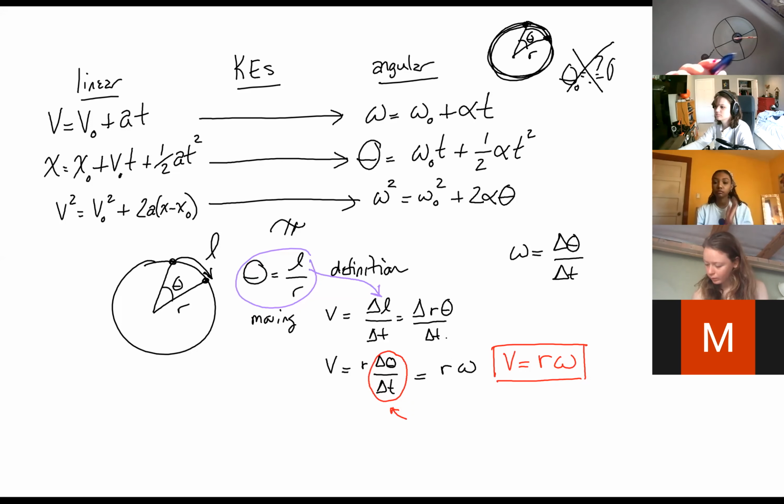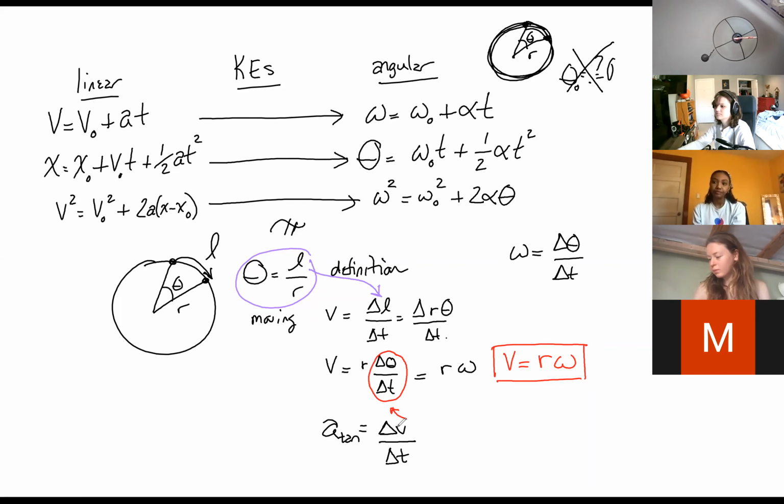And we can do the same thing. Okay, we can do a similar thing with acceleration too. Because if we're thinking about the tangential acceleration, meaning acceleration of that point if the blade is speeding up or slowing down, that's really the change in v over the change in t.